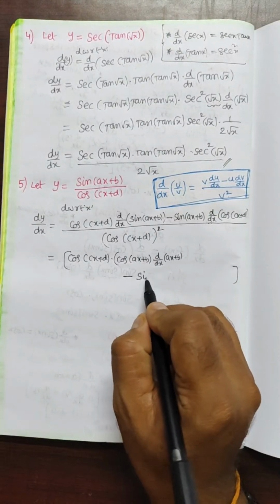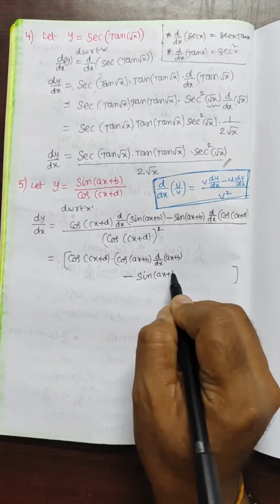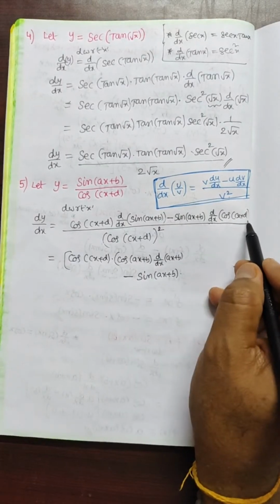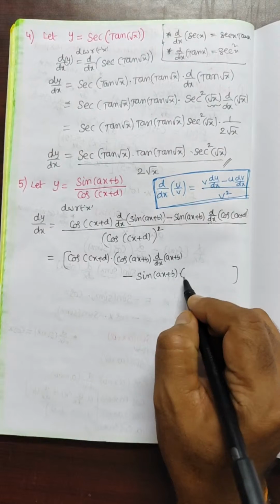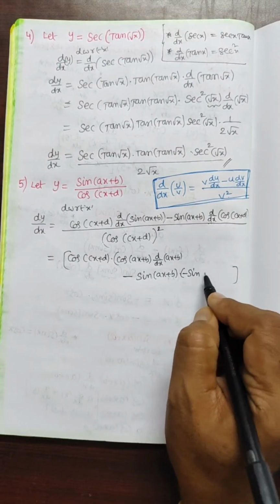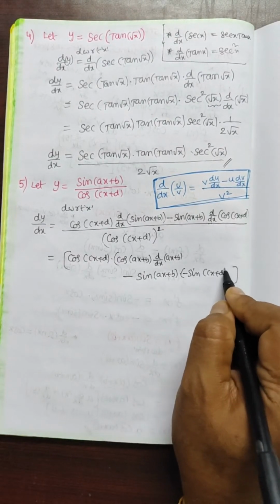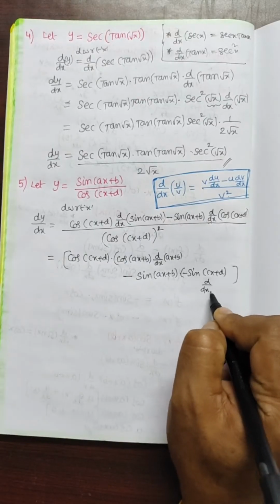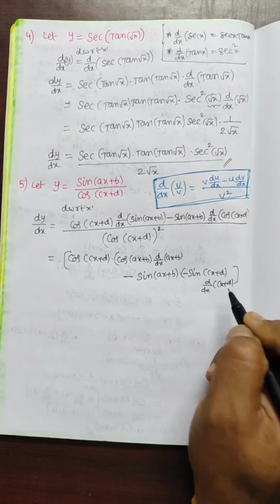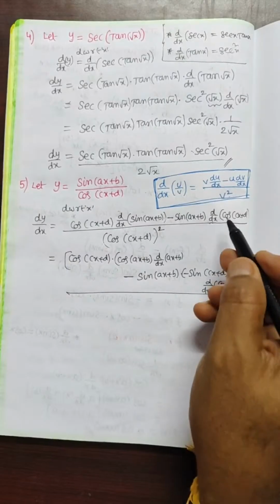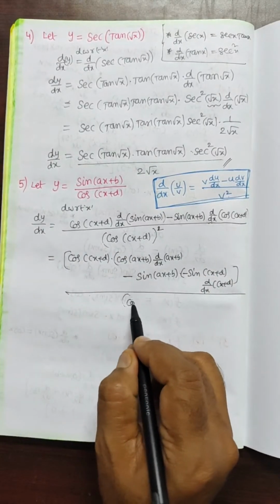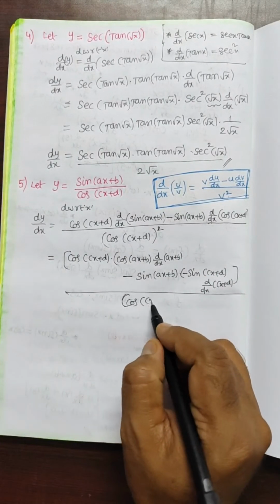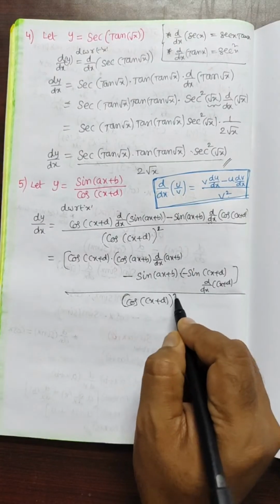Next, sine of ax plus b into d by dx of cos of cx plus d is minus sine of cx plus d into d by dx of cx plus d whole divided by denominator. V square means cos of cx plus d whole square.